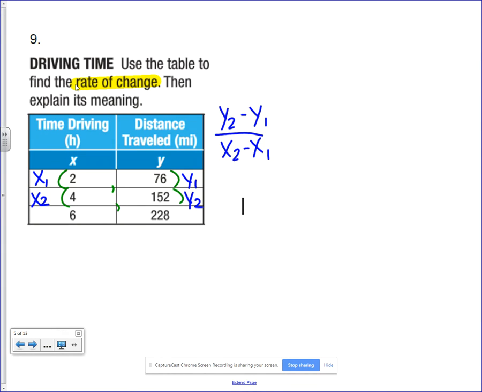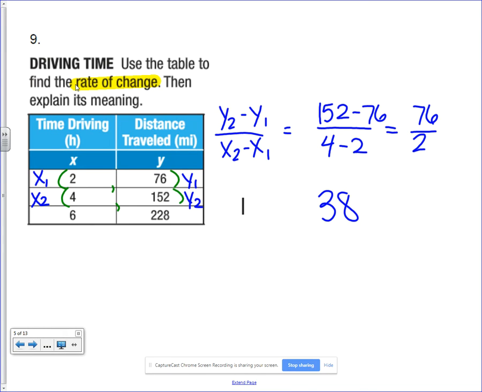And now you're going to tell me what my formula is. Well, give me what you actually did. Good. And you told me it's 76 over 2, which is what? 38. That's my slope, but I need to know what it means.